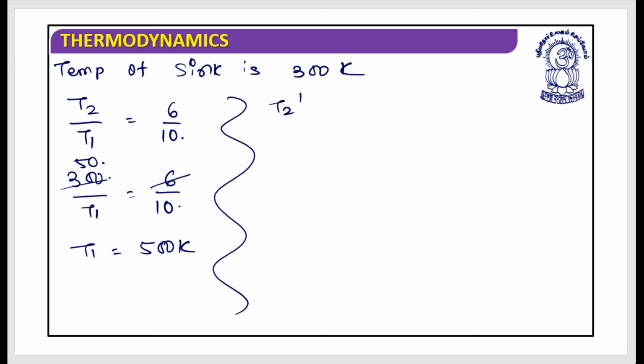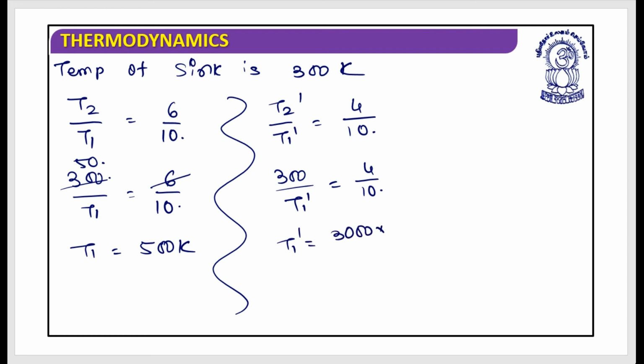T2 dash divided by T1 dash was equal to 4 by 10. This T2 dash is 300, T1 dash I don't know, it's 4 by 10. So T1 dash is equal to 3000 divided by 4, which is 750 Kelvin.